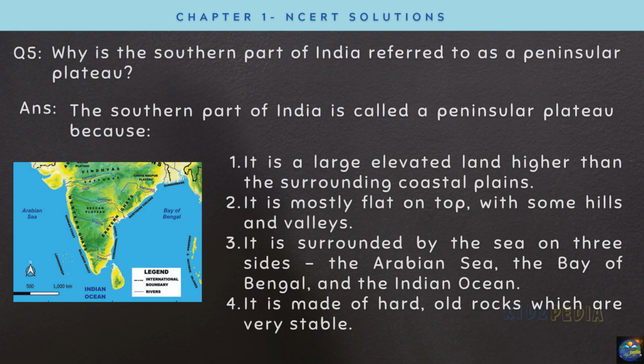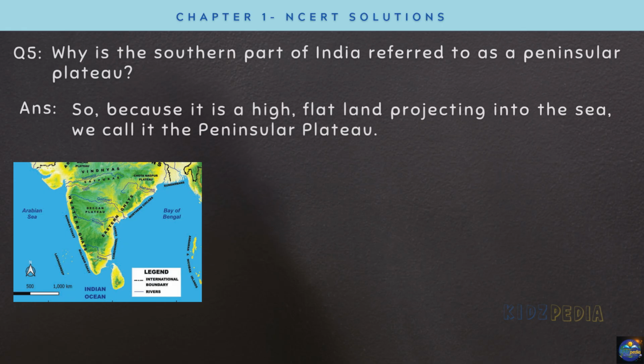It is mostly flat on top with some hills and valleys. It is surrounded by the sea on three sides, the Arabian Sea, the Bay of Bengal and the Indian Ocean. It is made up of hard and old rocks which are very stable. So because it is a high flat land projecting into the sea, we call it the Peninsular Plateau of India.